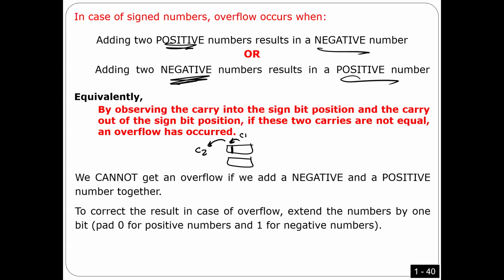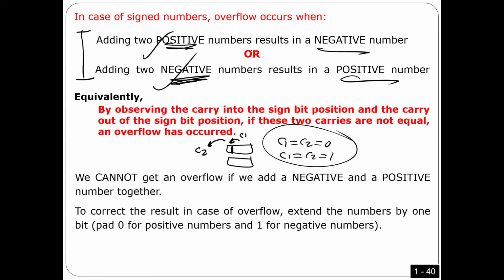If these two carries are the same, that means C1 equals C2 equals 0, or C1 equals C2 equals 1, then there is no overflow. If these two carries are not equal, overflow happens. Not equal means one of them is 0 and the other one is 1. Anyway, these are two approaches, and they are the same. For now, you can use whichever is easy.